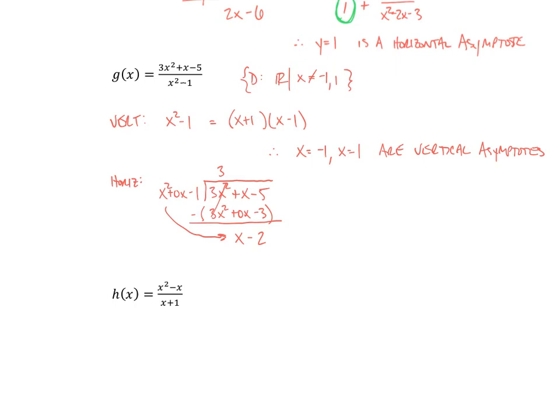We end up with a quotient of 3 and a remainder of x minus 2 over x squared minus 1. But remember, the only part of this that we really care about right now is that quotient. So therefore, y equals 3 is a horizontal asymptote.